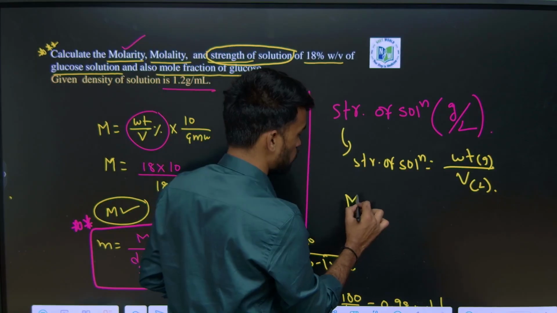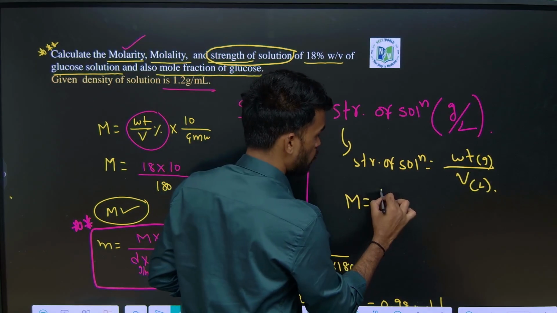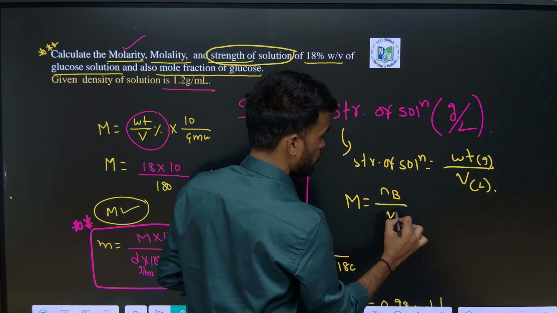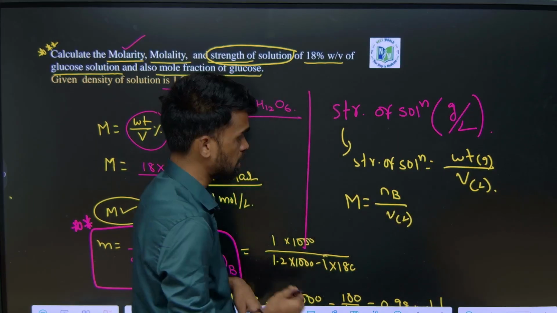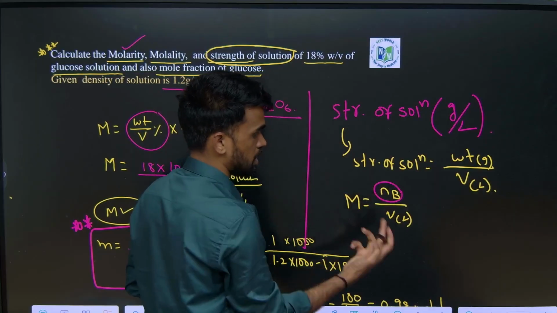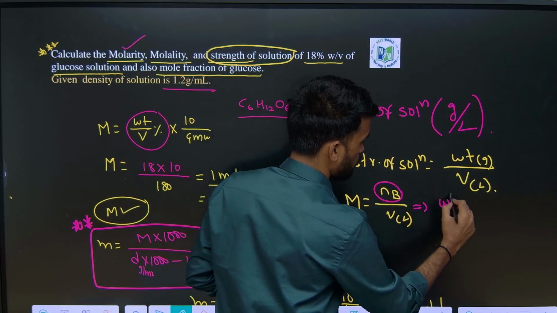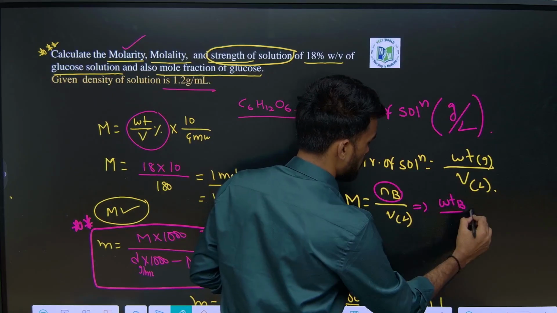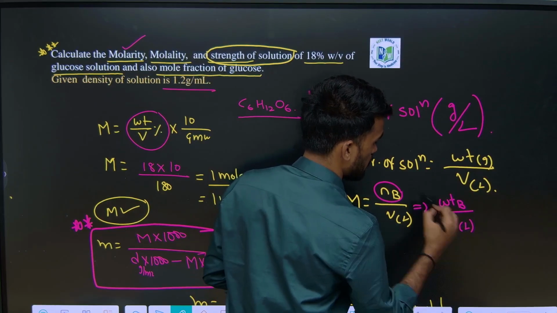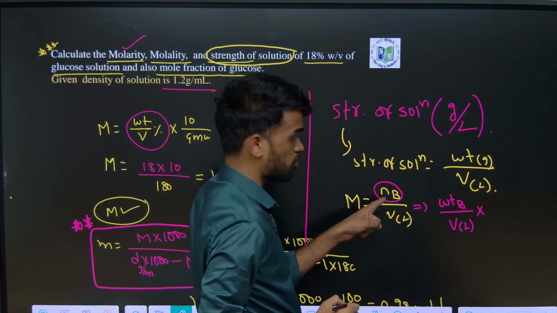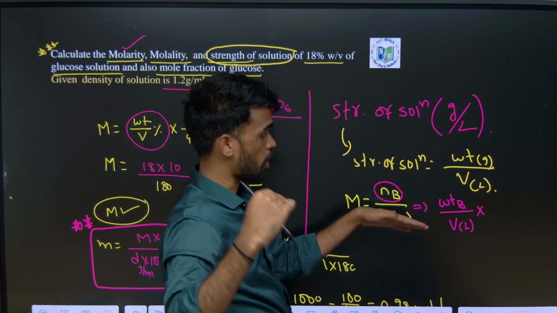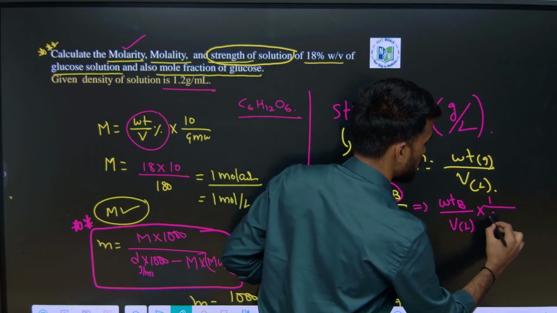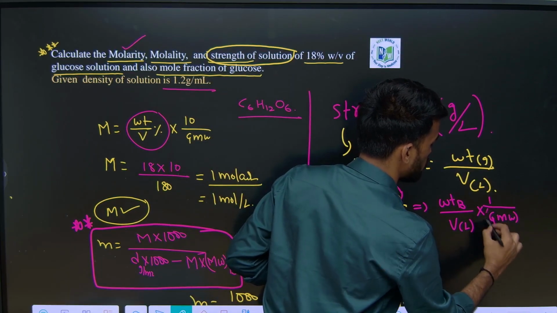Molarity equals number of moles of solute by volume of solution in liters. We can convert this as weight of solute in grams by volume of solution in liters, into 1 by gram molecular weight of that particular solute, since number of moles is weight by gram molecular weight.